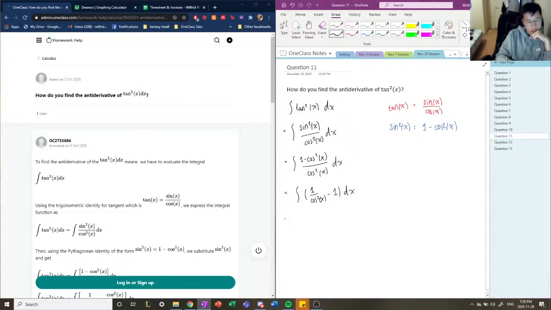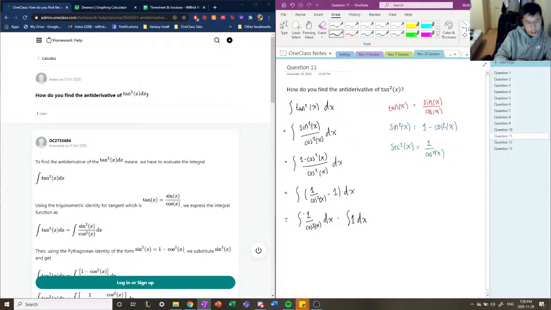We're going to use our sum rule for integrals to break up this integral into the integral of 1 over cosine squared x dx minus the integral of 1 dx, okay? So another way to write 1 over cosine squared x is secant squared x.